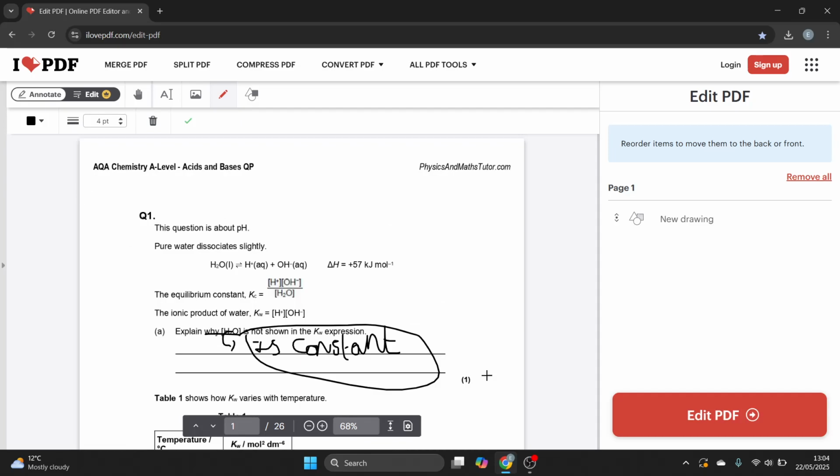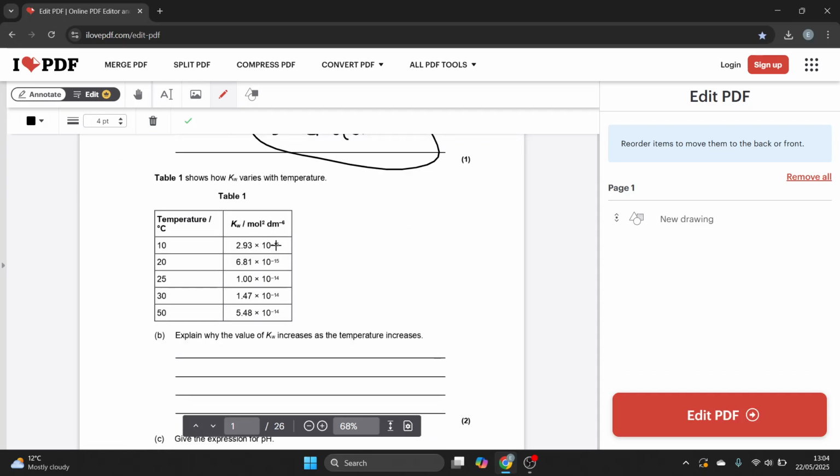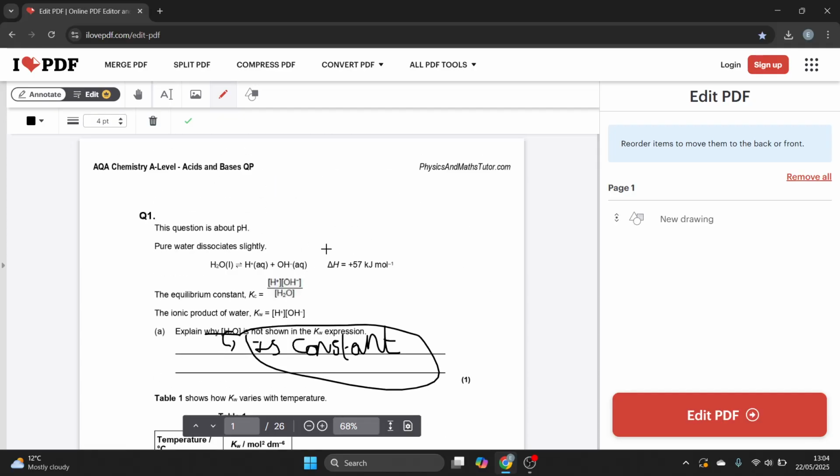So the value of KW increases as temperature increases. This one is a challenging question because it requires a lot of thinking. I know the forward reaction is endothermic because the enthalpy change is positive.